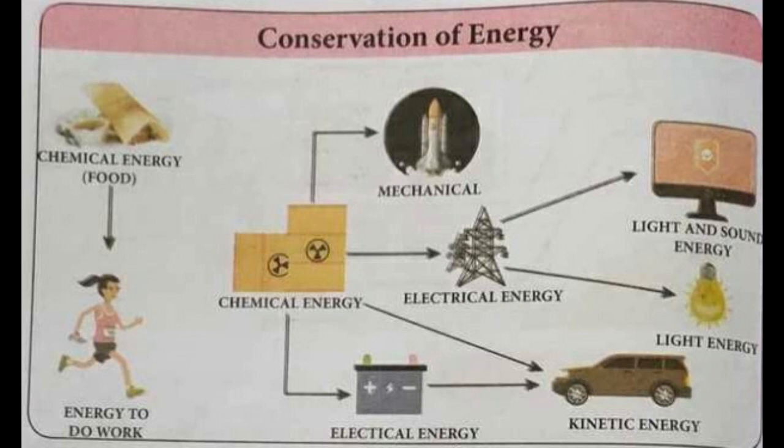And chemicals like zinc, nickel, lithium, etc. are used in batteries. So here this chemical energy is converted to electrical energy. And these batteries are used in our vehicles. So here this electrical energy is converted to kinetic energy. And electrical energy is also used in a bulb. So electrical energy is converted into light energy.